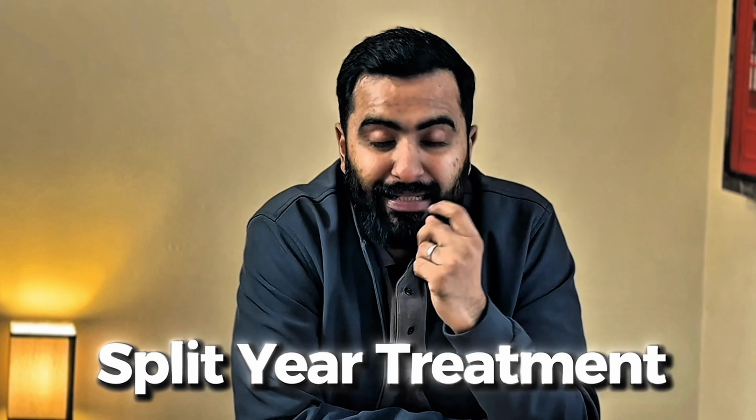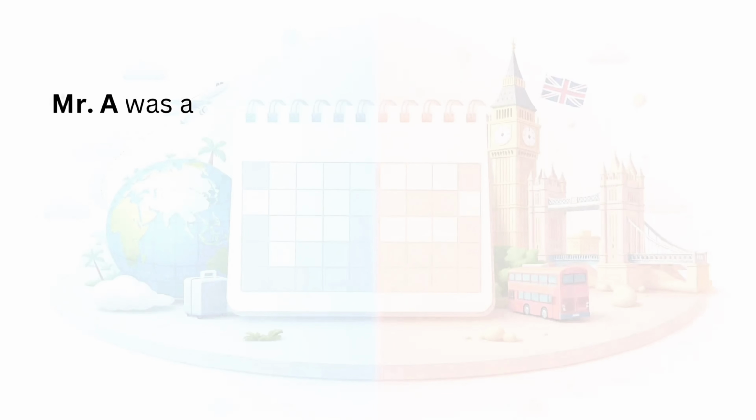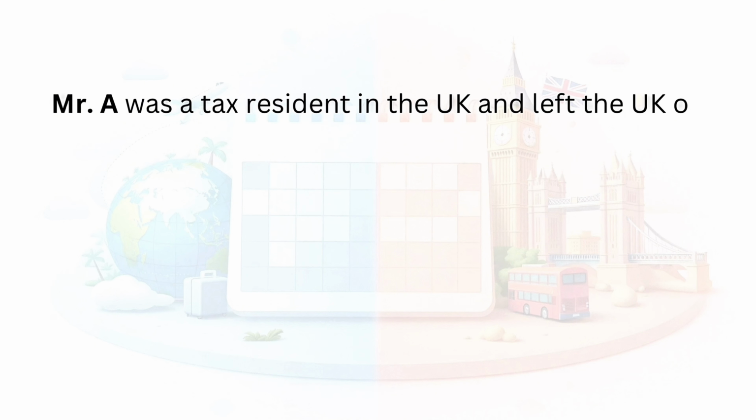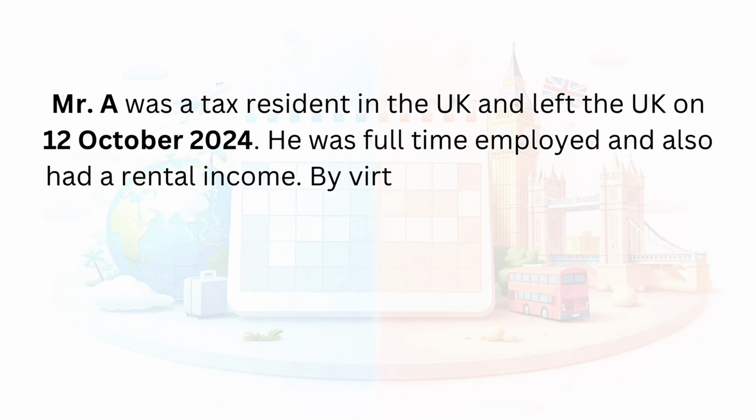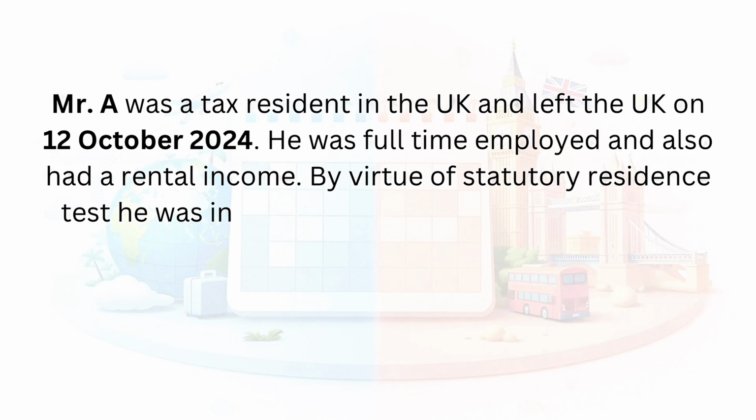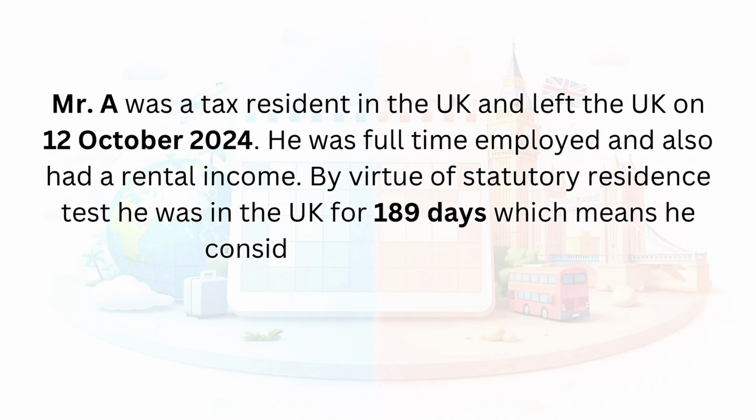I recently advised a client on split year treatment, and here is the outcome. Mr. A was a UK tax resident and left the UK on 12 October 2024. He was full-time employed and also had rental income. By virtue of the statutory residency test, he was in the UK for 189 days, which means he is considered a UK tax resident.